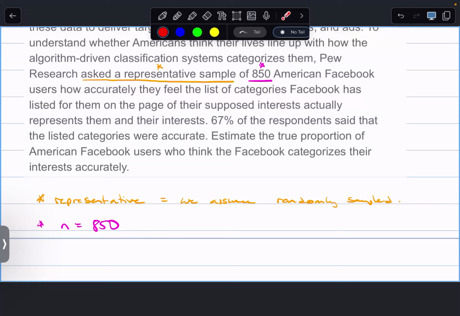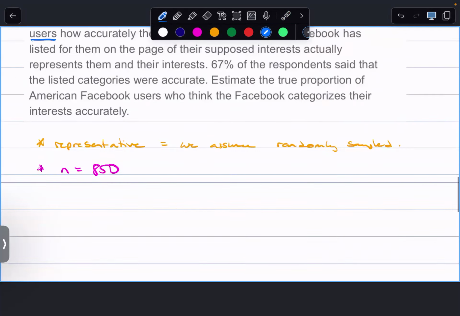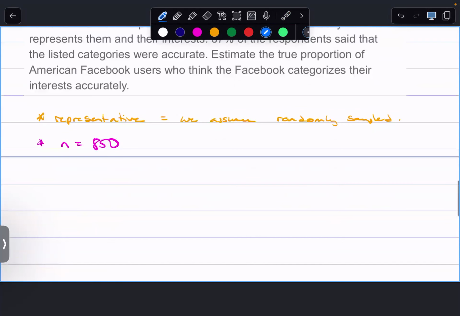The problem is that our results can only be applied to American Facebook users, so it's just nice to make a note of the population. So this tells us that the population is American Facebook users.